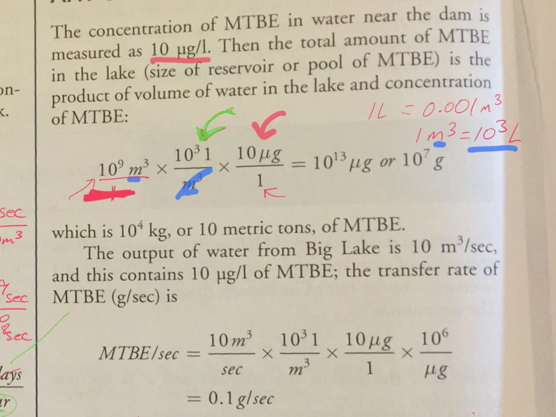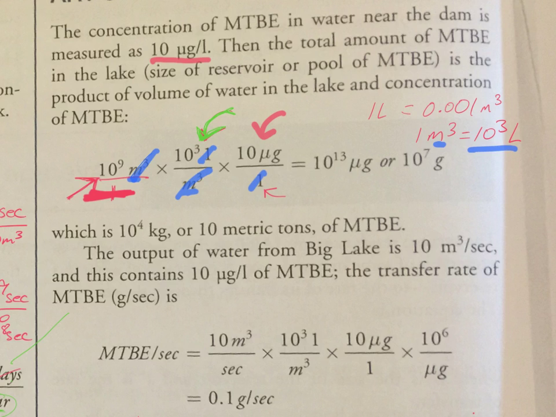10 to the 9th. Where did we get this? This was the volume of the lake. All right, so meters cubed cancels out. Micrograms is the only one left. Liters cancel out, of course. So then what you end up with is this number here.